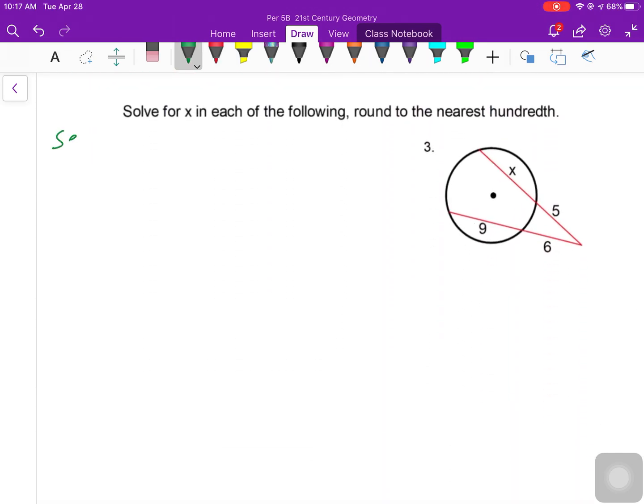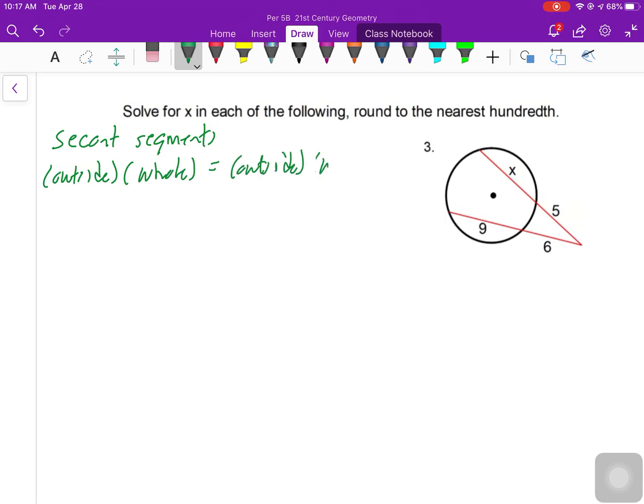The next segment we're going to talk about and review were secant segments. Secant segments had a different pattern that we remembered. In a secant segment, you take the outside times the whole length of one will equal the outside times the whole length of the other.